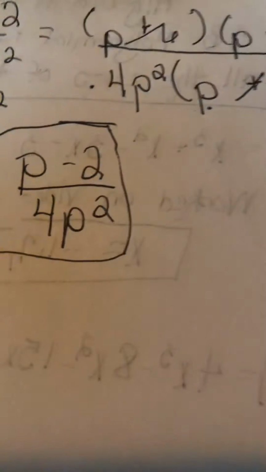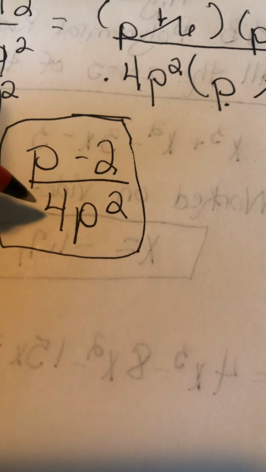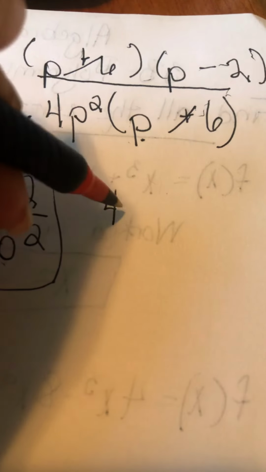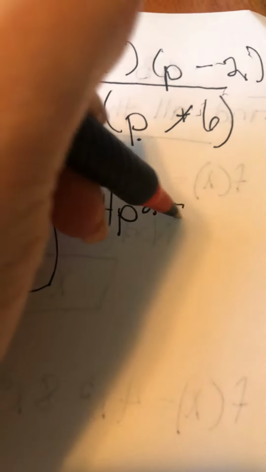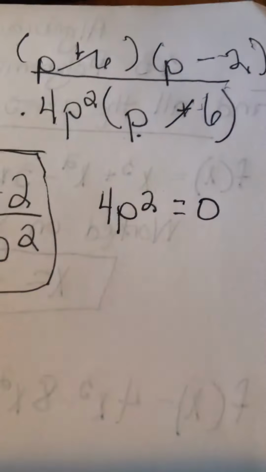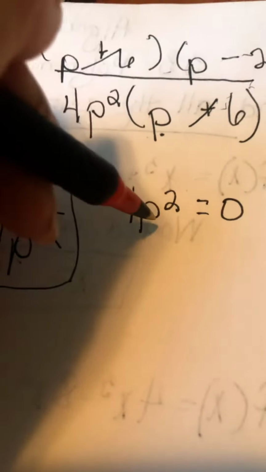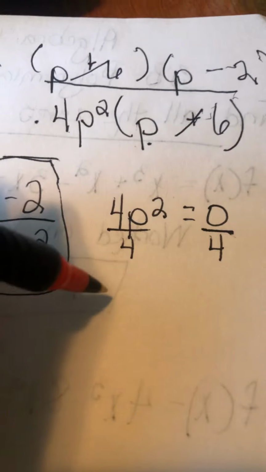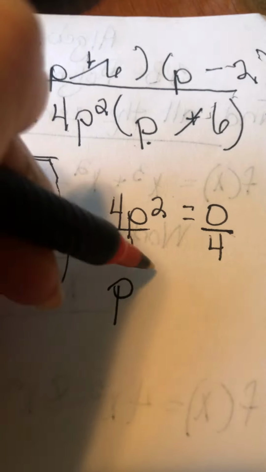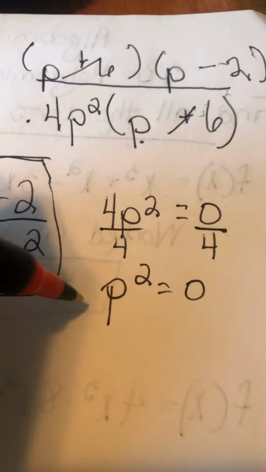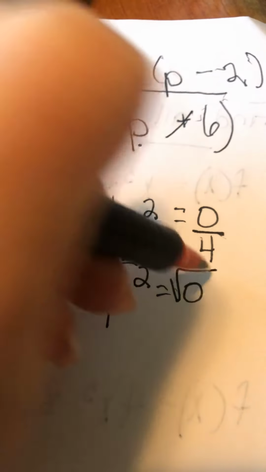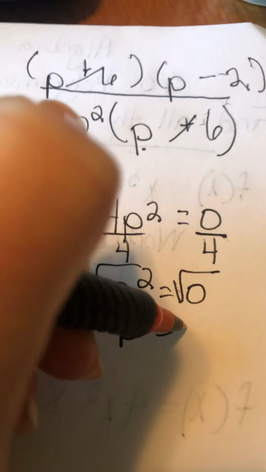So here, the way you find your excluded value is you take your denominator, which is 4p squared, and you set it equal to 0. And then you solve for p. So we're just going to divide both sides by 4, and so now we're going to say p squared equals 0, and then of course you have to take the square root of both sides, and p equals 0.